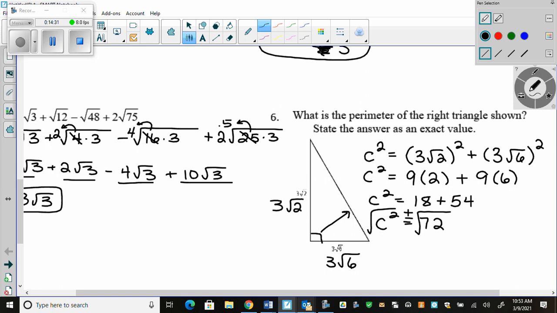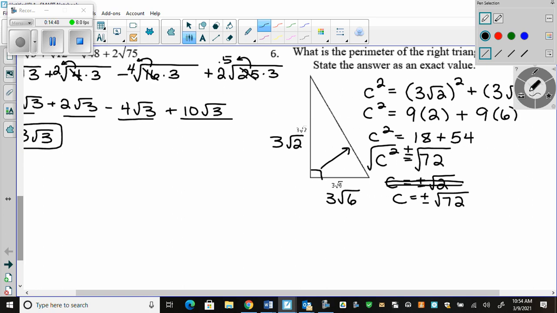So, c equals plus or minus root 72, but because it's a length, we don't put the minus. I'll be speaking faster than I think. 72 breaks down into what times what?